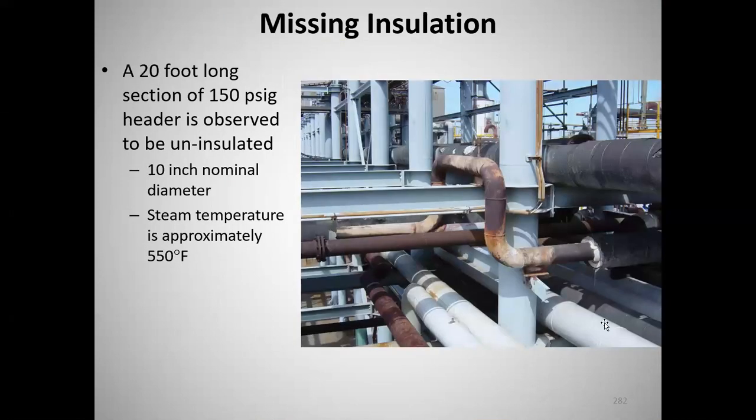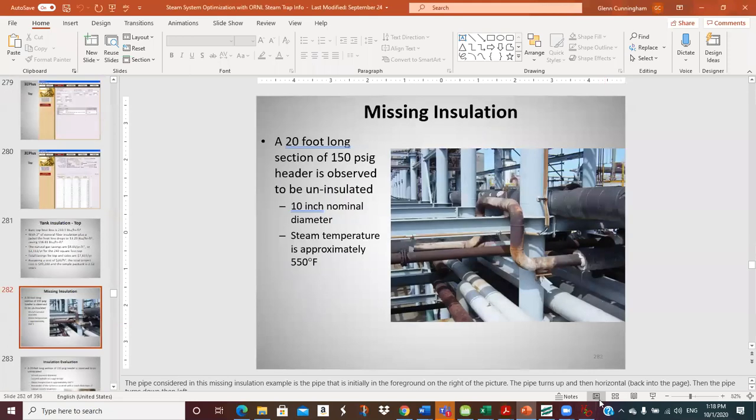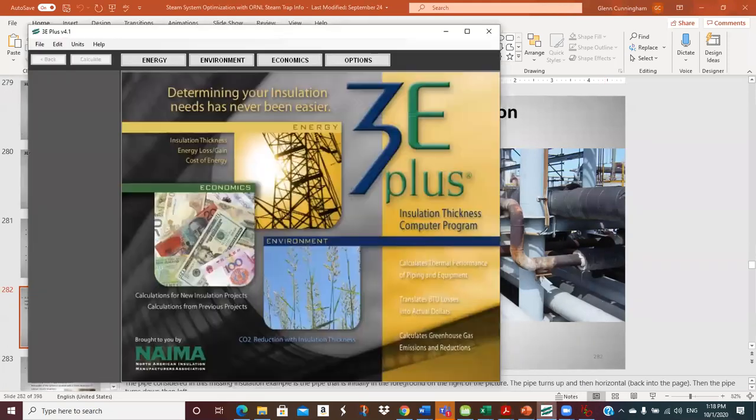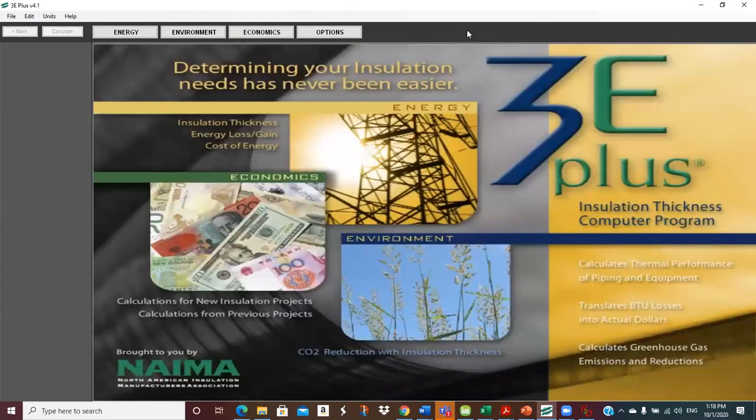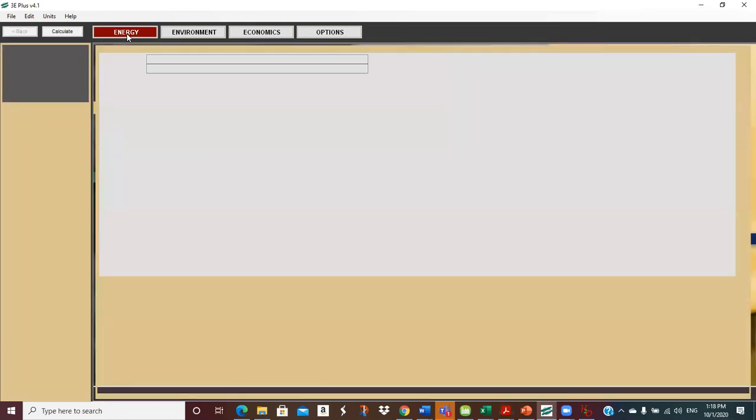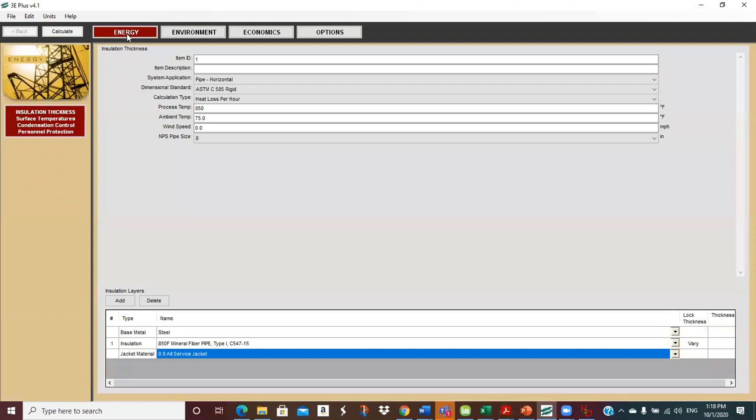Okay, so let me pull up this 3E Plus. Here it is in living color. So here's the energy tab, basically what you're saying.